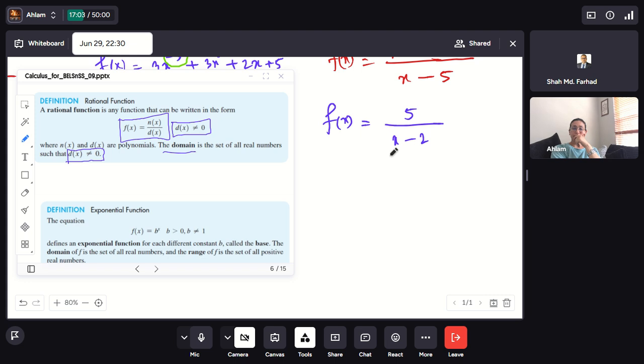this is also a rational function. So for the domain, x minus 2 is not equal to 0. So that means x is not equal to 2.